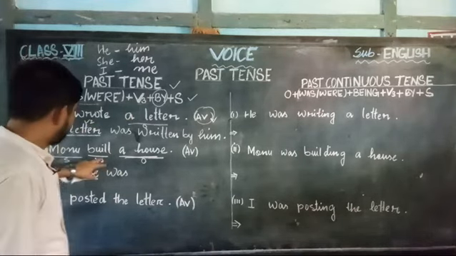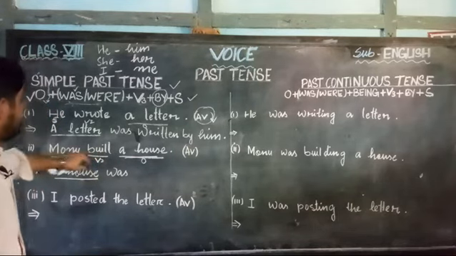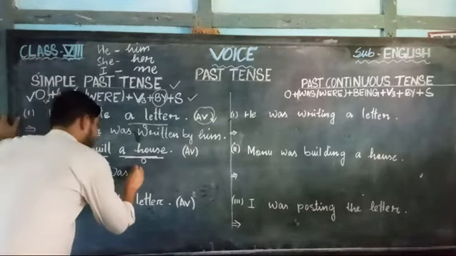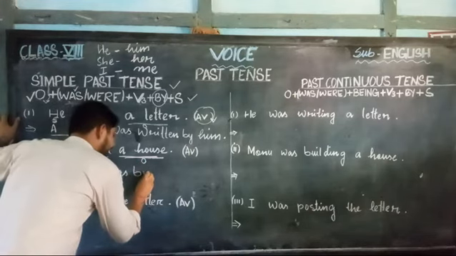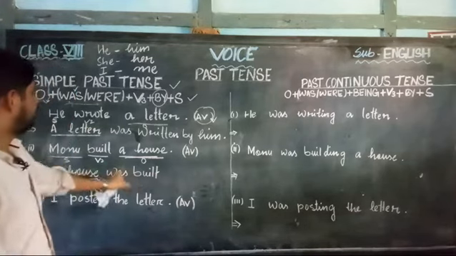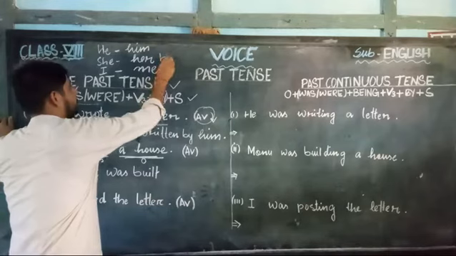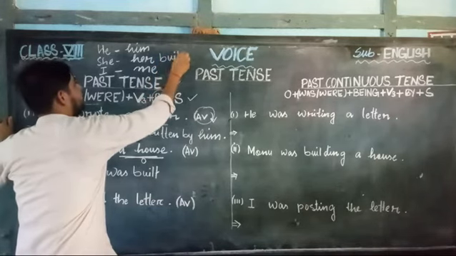V3, we will make this build into the third form. In the third form also, build we have to write in the same way. Was built. There is no change. First form is B-U-I-L-D, build.